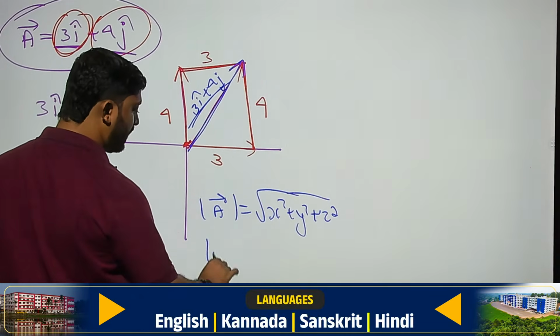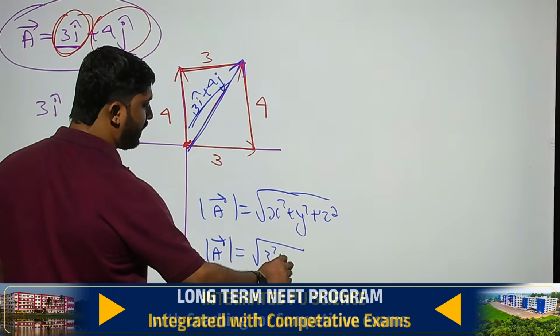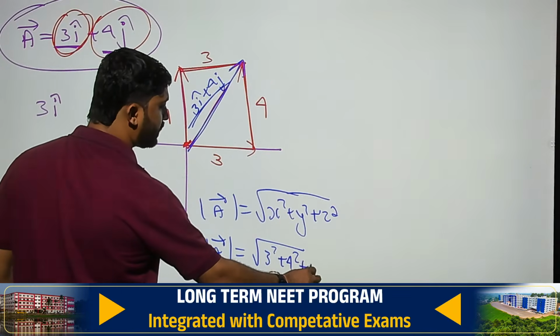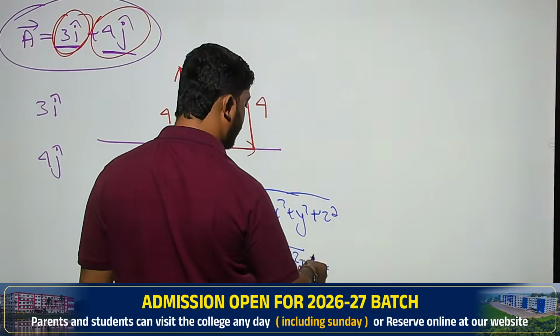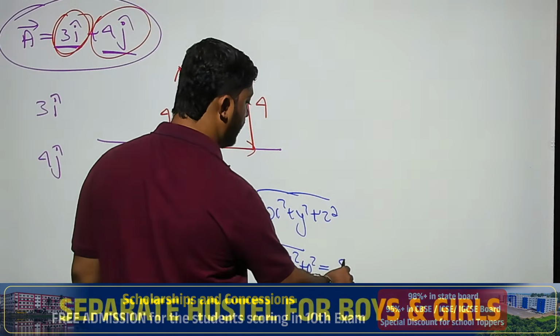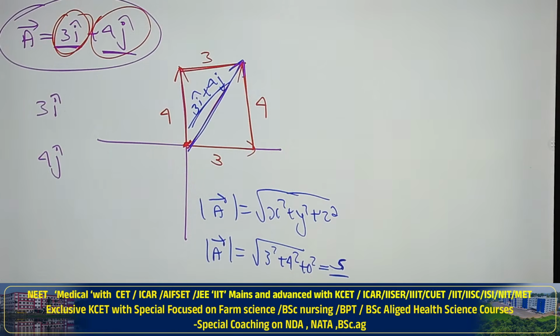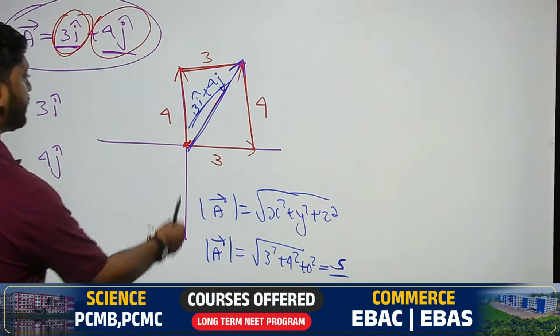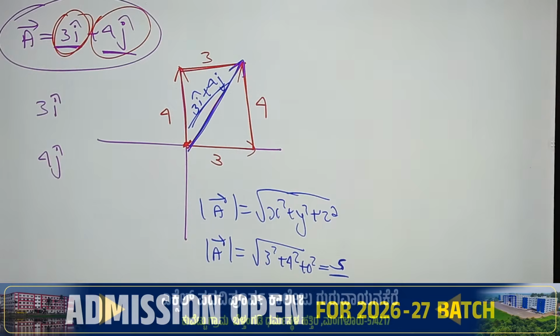After solving this, the vector modulus is root of 3 square plus 4 square plus 0 square. Then 3 square is 9, 4 square is 16. Then the answer will be root 25, which is 5. Right? Or if you use trigonometry also, the answer will be same. This is 3 and this is 4, and this length will be 5. Okay.